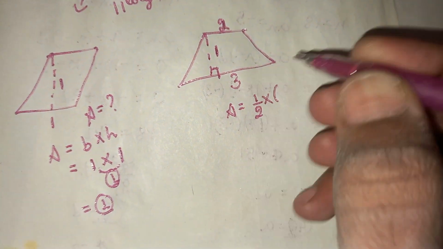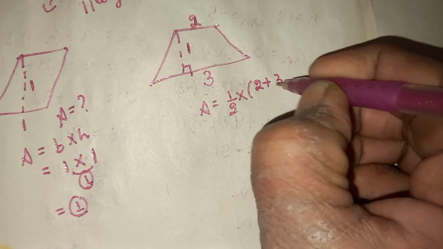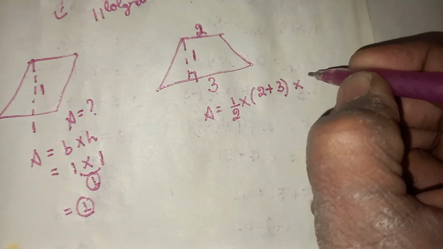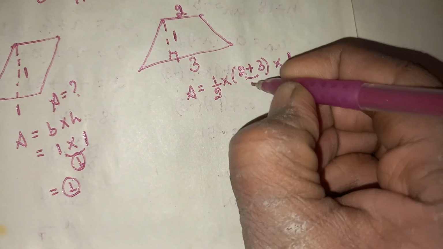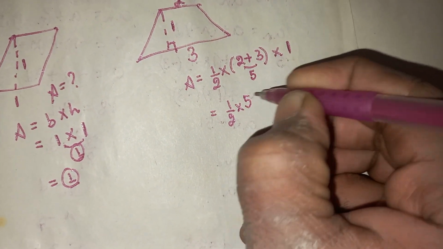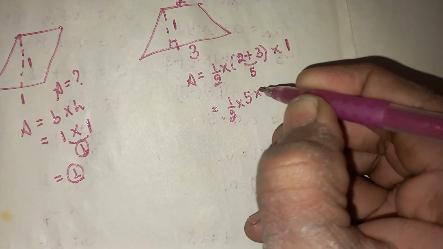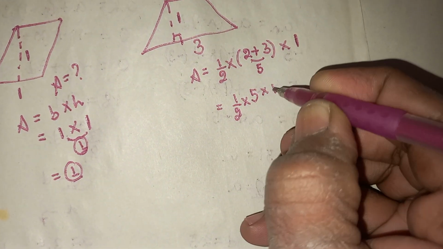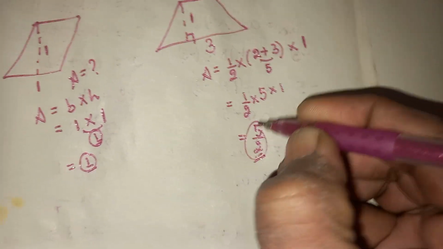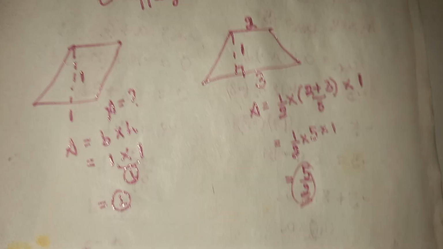This is 2 units, this is 3 units. Therefore, it is half times (2 plus 3) times this perpendicular height, which is 1 unit. 2 plus 3 becomes 5. So this becomes half times 5 times 1. 1 times 5 is 5, and 5 times 1 again is 5. So 5 by 2 square units is the area of this trapezium.